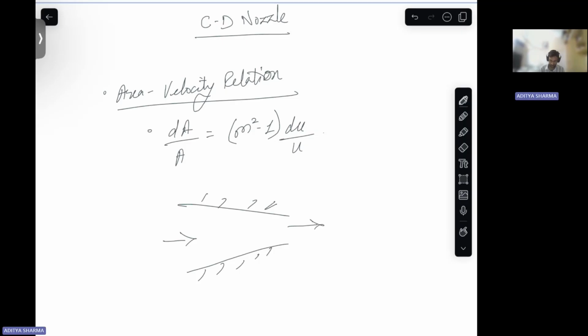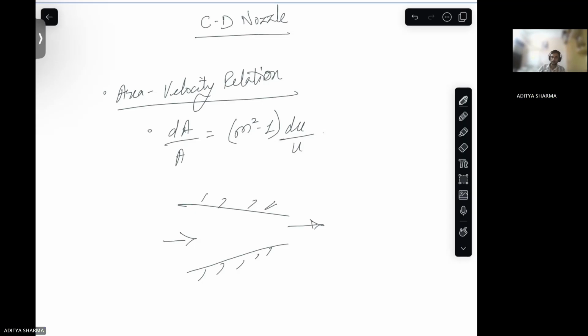Convergent, where area is reduced. So again, for this M less than 1, if we again say that dA is negative, which is the area is decreasing, in that case, what will happen? So dA is negative, right? So the right hand side will also be negative.